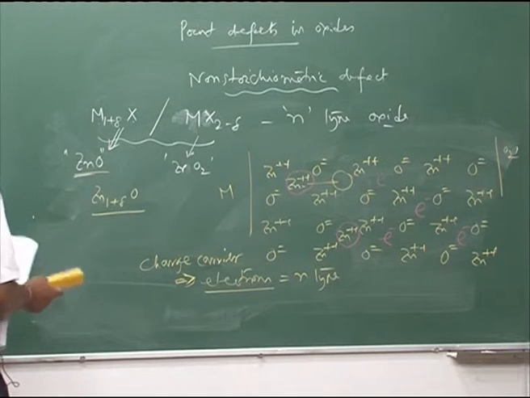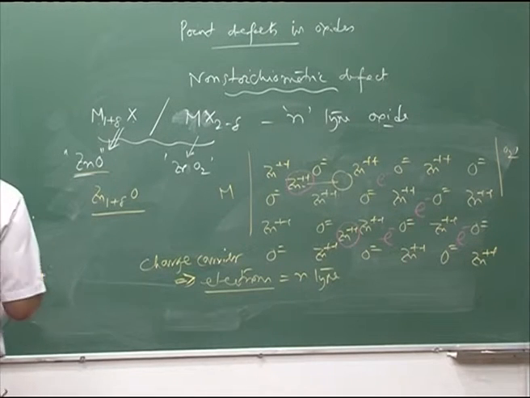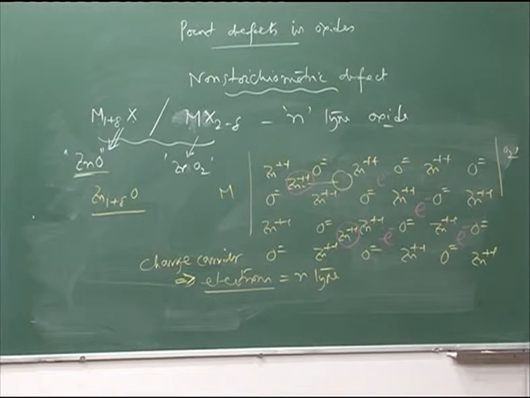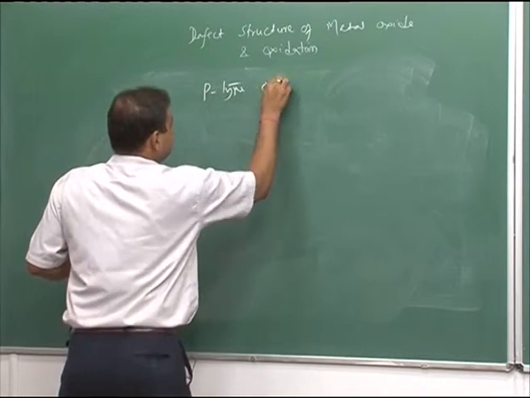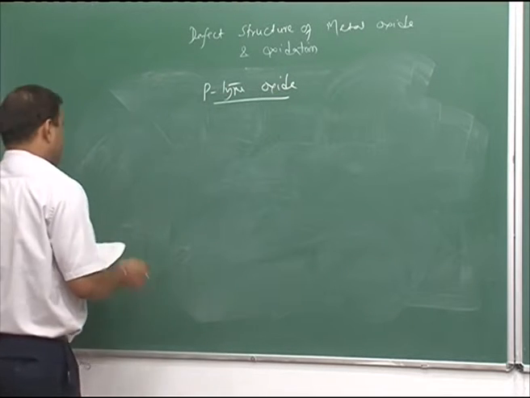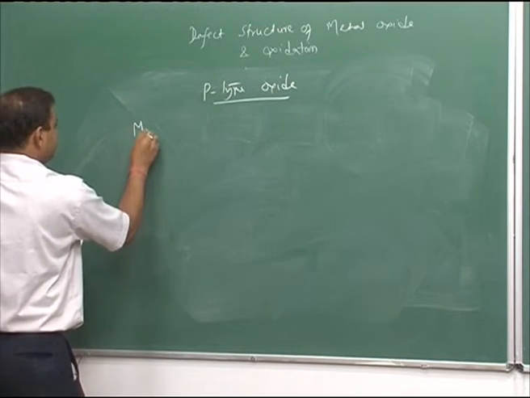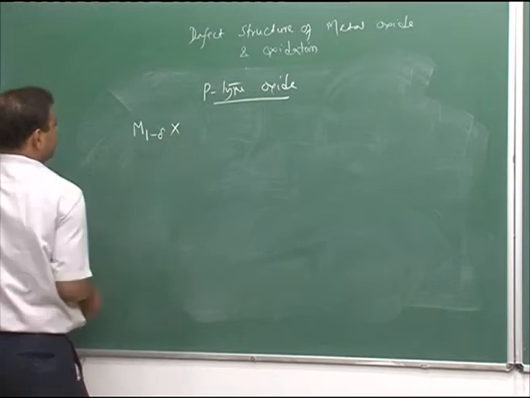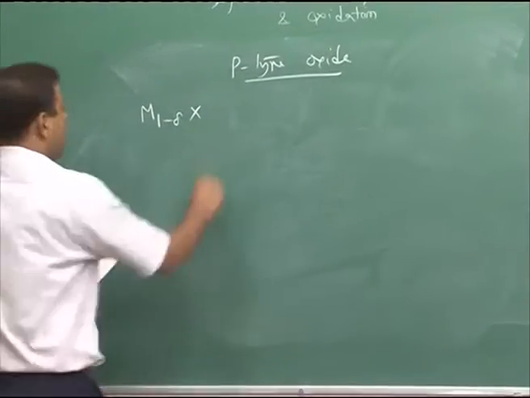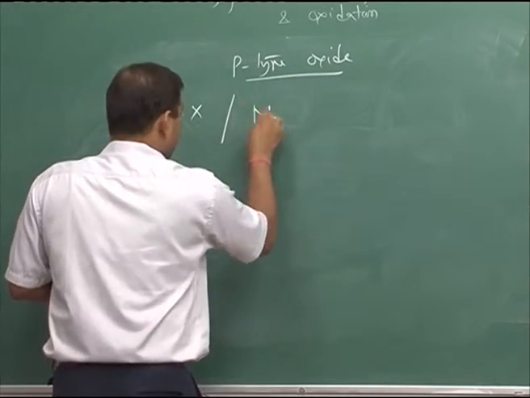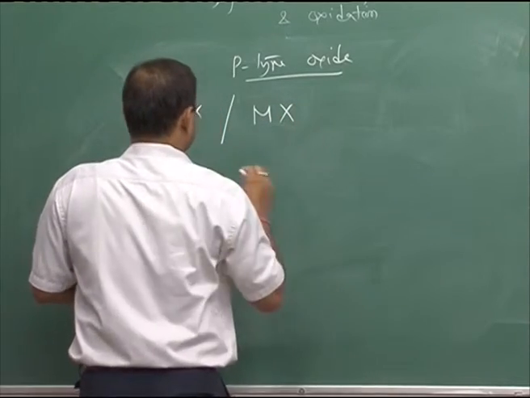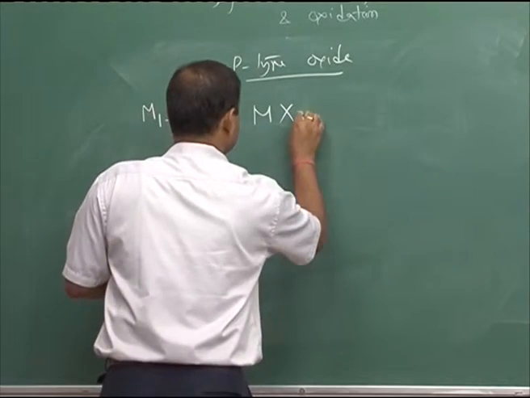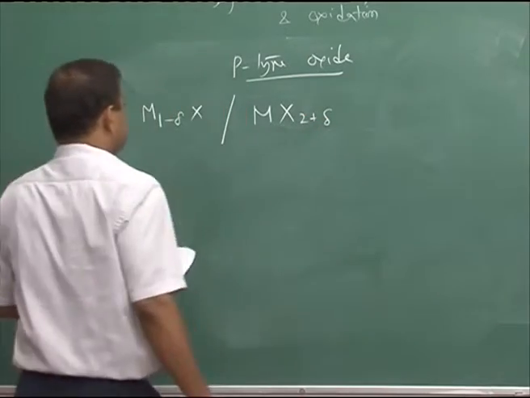And another non-stoichiometric defect is P type, and there we can also have a demonstration of P type oxide. In case of P type oxide, either we have metal deficient, where this is the cation, this is the metal, or we can have oxygen excess or anion excess, so 2 plus delta.